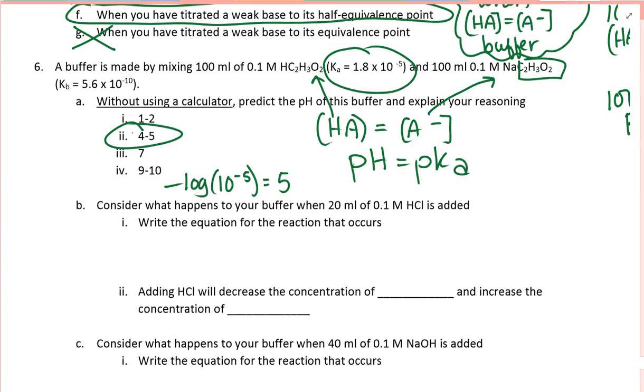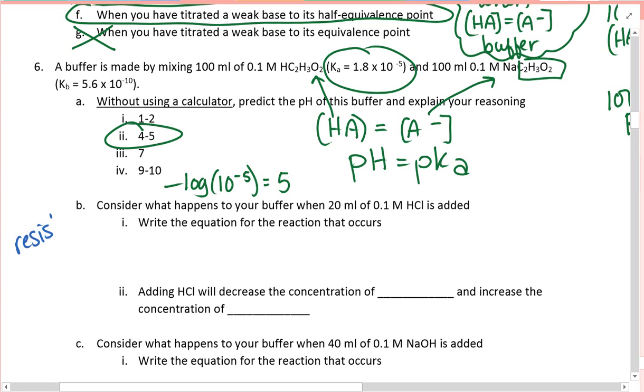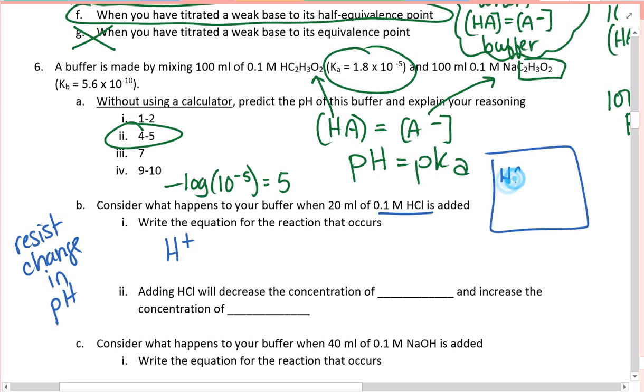So we want to think about how buffers work. What makes a buffer a buffer? Why does it resist change in pH? How do buffers do that? Well, what happens when we add acid? Let's say we come along and we dump some acid into the container. My container has HC2H3O2 in it, and it's got some C2H3O2 minus ions.